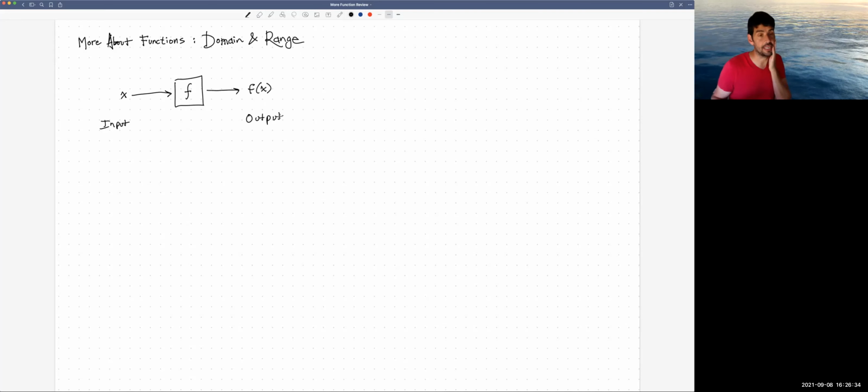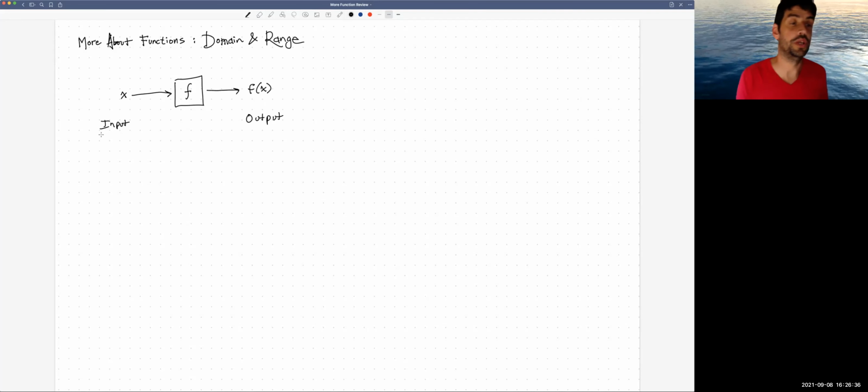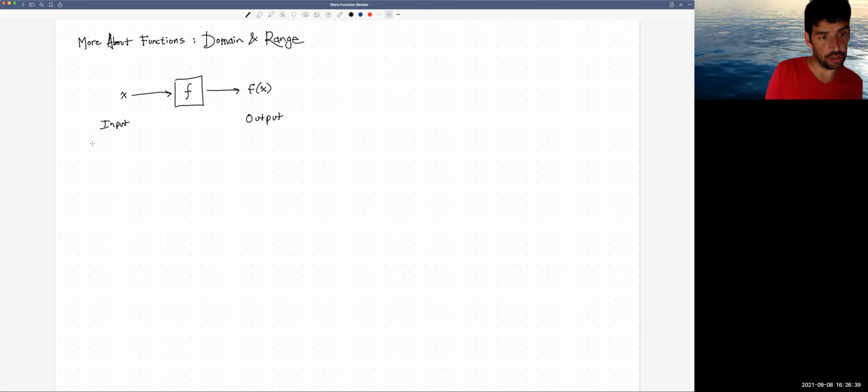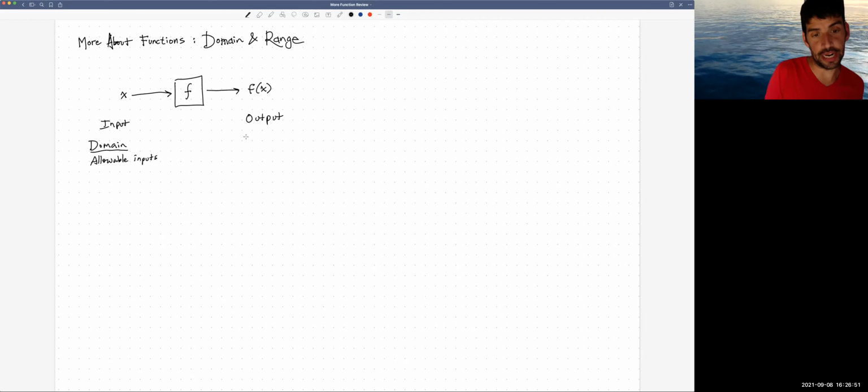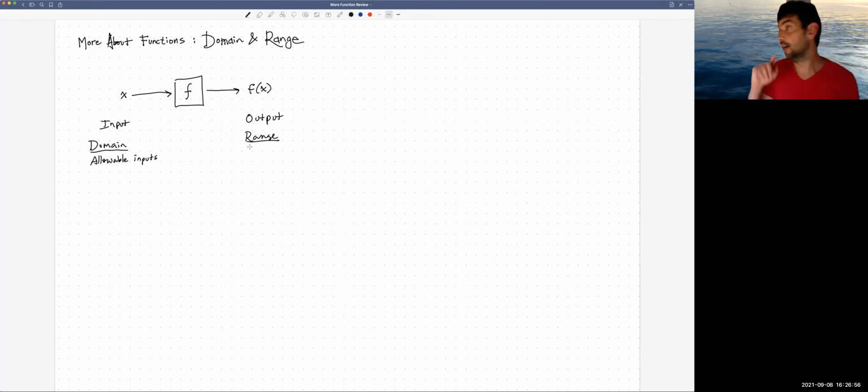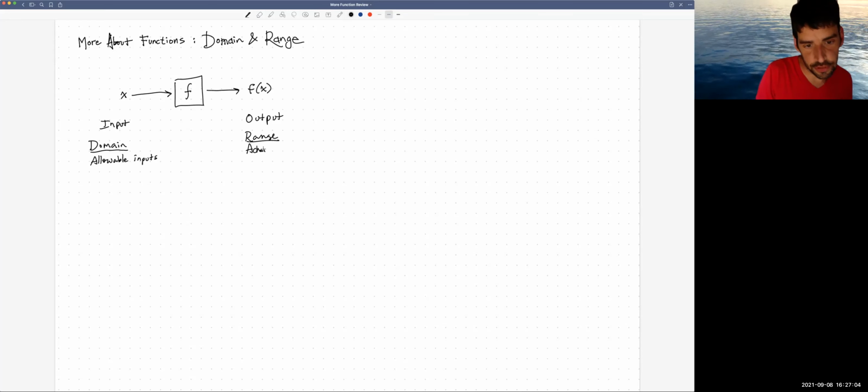And here's where domain and range come in. What we call the domain is going to be the collection of all allowable inputs, right? And our range, I guess we could call them the achievable outputs, right?